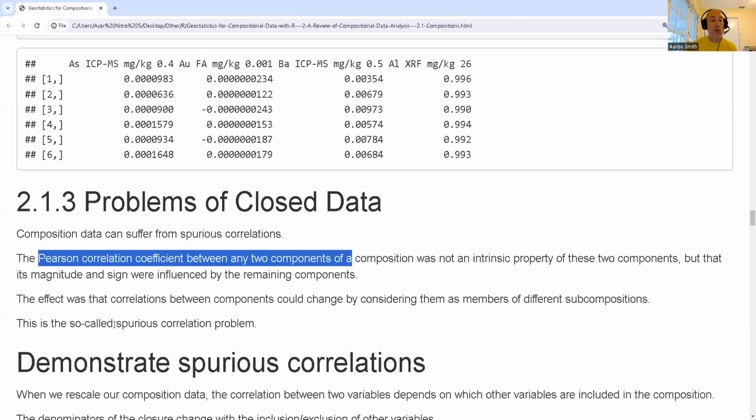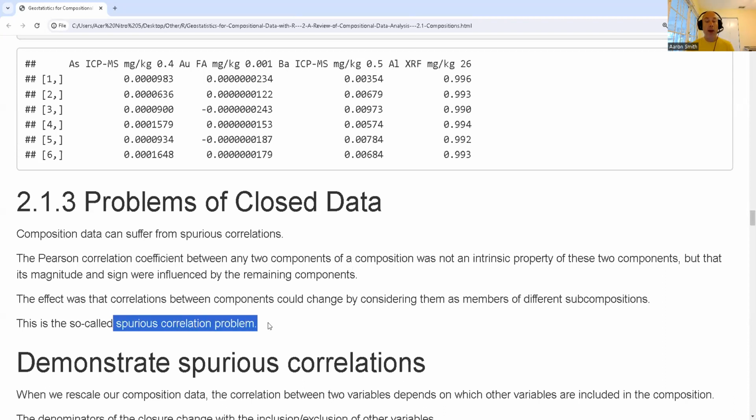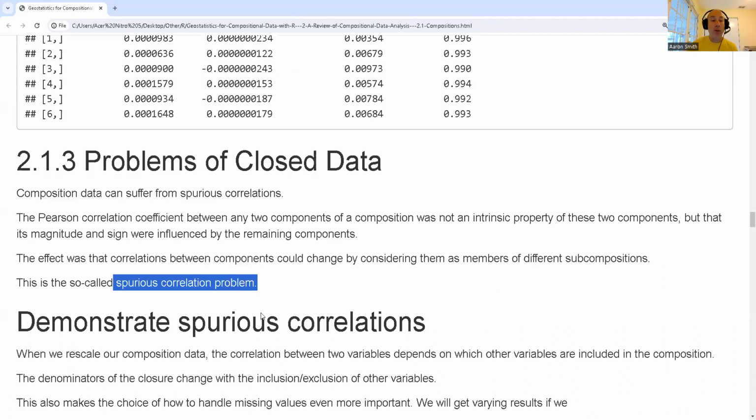And this leads to the spurious correlation problem, in that depending on which subset of columns we choose, I'm going to get a different correlation. It might be by happenstance, I might just happen to choose the columns of data that will give me the biggest correlation for two particular variables. So I think I have a correlation when I don't. It's by happenstance of the variables that I selected.